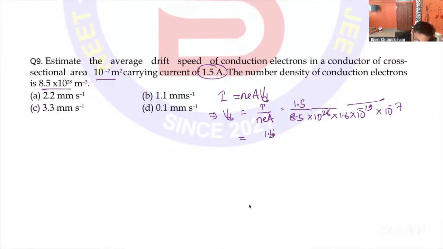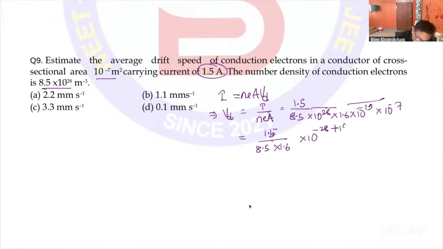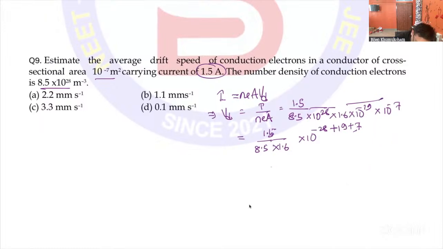Let's combine the powers first. 8.5 into 1.6 into 10 to the power minus 28 plus 19 plus 7. So it becomes 26 minus 28, so it is minus 2. So the power becomes minus 2.